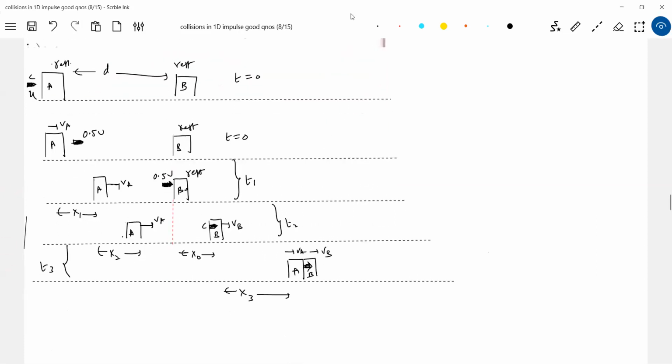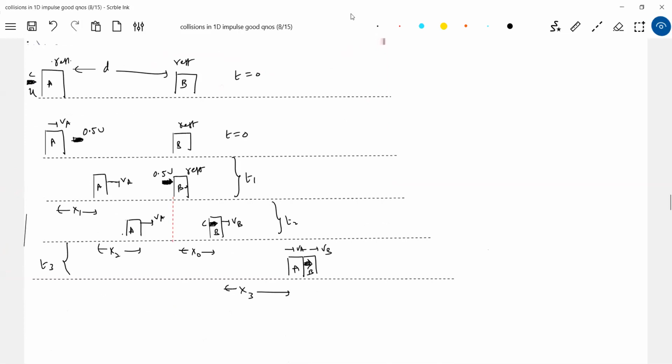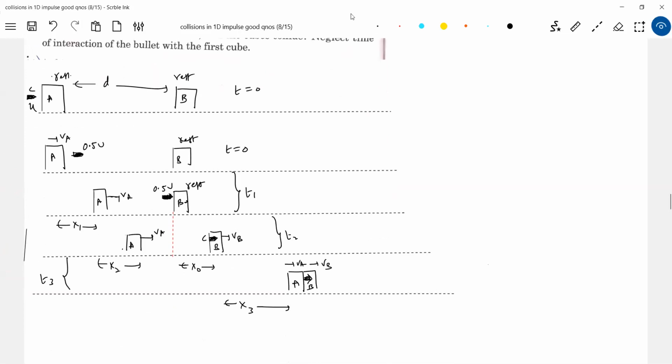So what all should we calculate now? T1, T2 and T3. T3 and T1 are very easy. Only the calculation of T2 is very important. So I'll write down T1. What is T1?